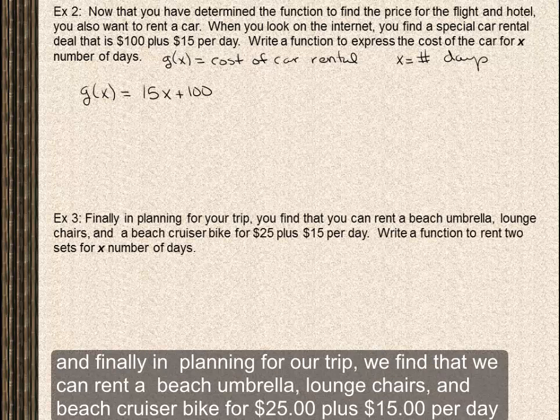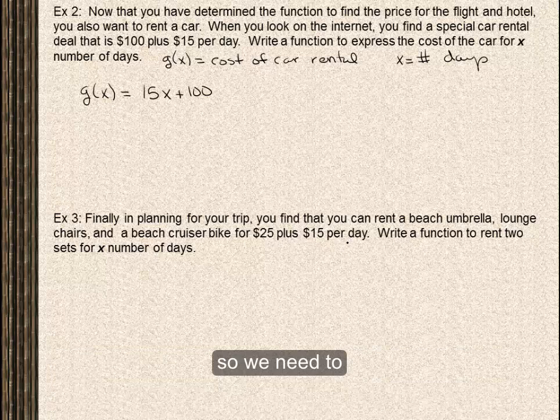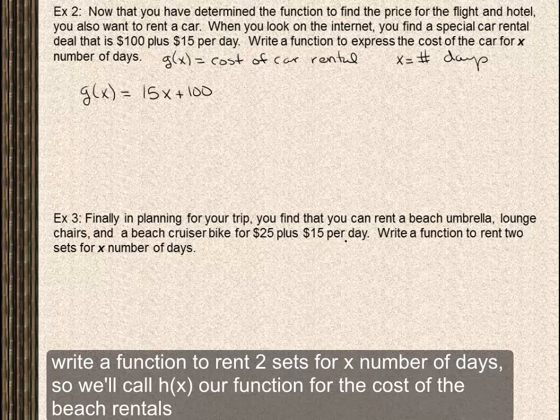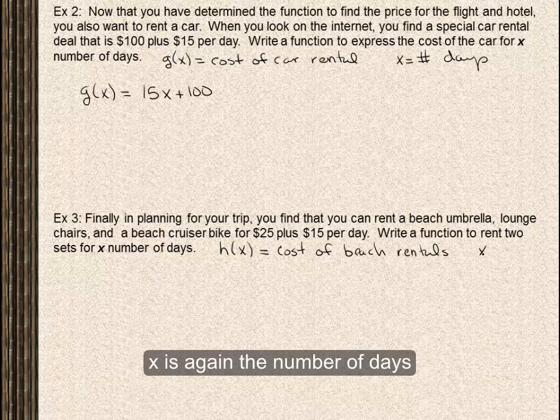And then finally, in planning for our trip, we find that we can rent a beach umbrella, lounge chairs, and beach cruiser bike for $25 plus $15 per day. So we need to write a function to rent 2 sets for x number of days. So we'll call h of x our function for the cost of the beach rentals. x is again the number of days.